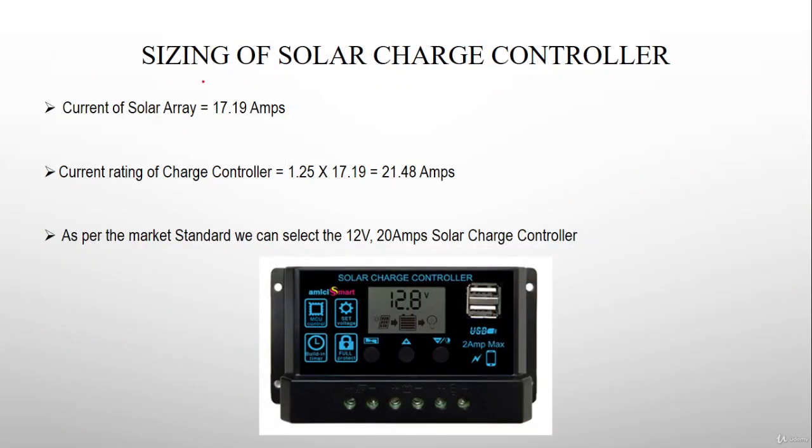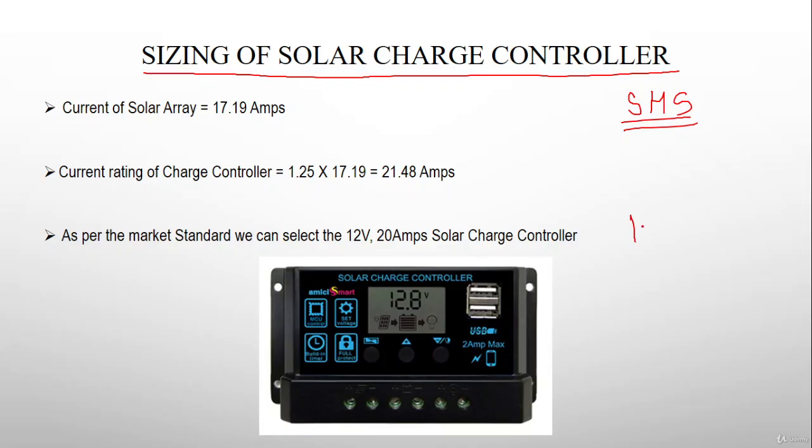Now we are going to see how to size the solar charge controller in the solar home system. One thing I must tell you, whenever we see the market standards of solar charge controllers, they are available in this format: a 12 volt solar charge controller, a 24 volt charge controller, 48 volt, and 96 volt also.